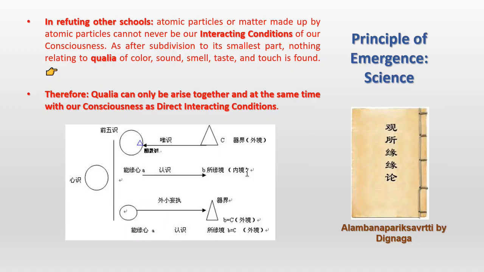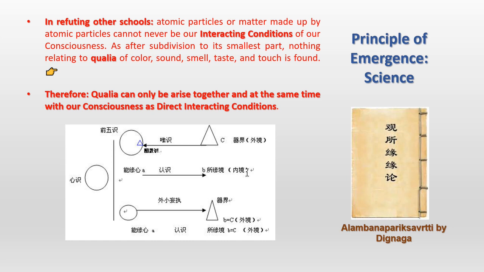We now have to hear Dignaga, who wrote the critical text of Yogacara Buddhism, the Alambana Pariksavrti. In this text, he refuted the other schools' views that either atoms, or substance made up of atoms, can provide qualia as our interacting conditions for our consciousness. He argued that when one divides the substance or atom to its smallest constituent, one cannot find qualia such as color, sound, smell, taste, and touch.